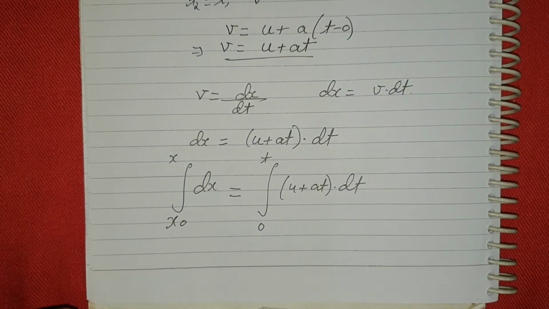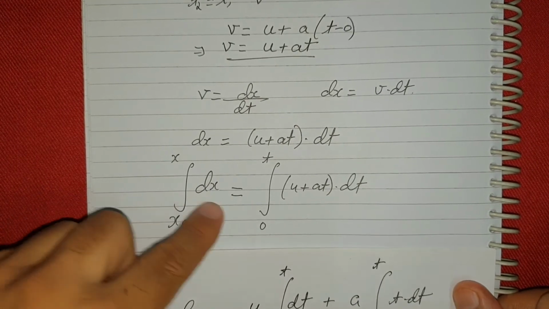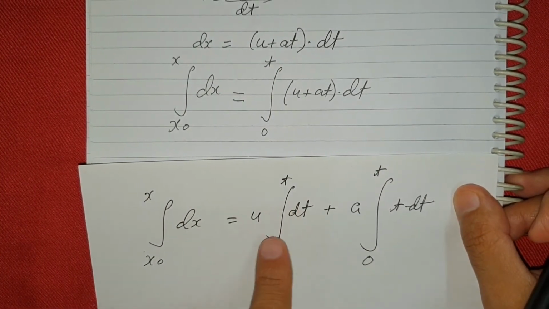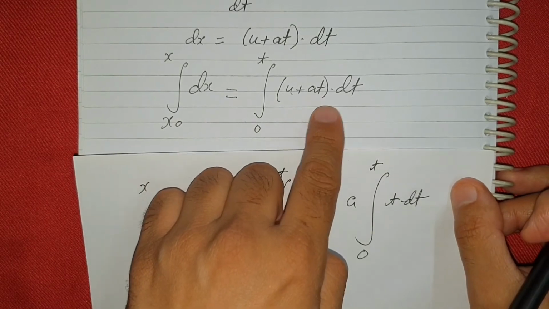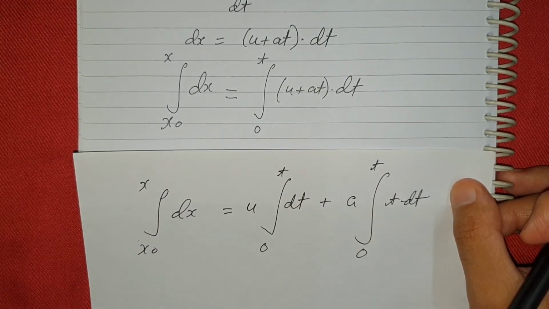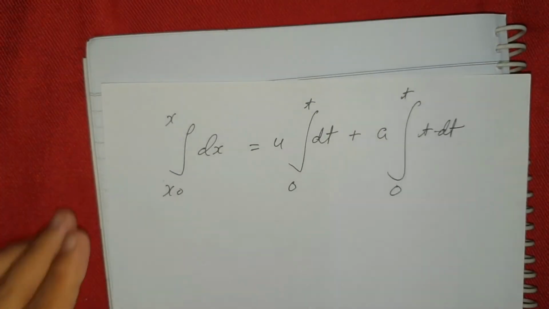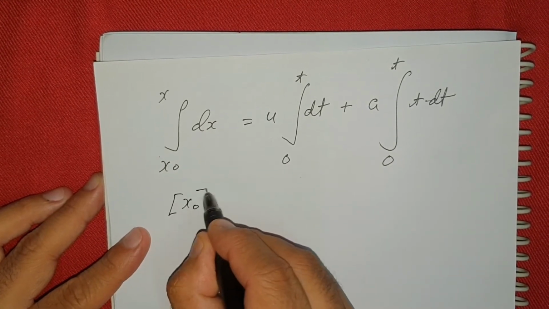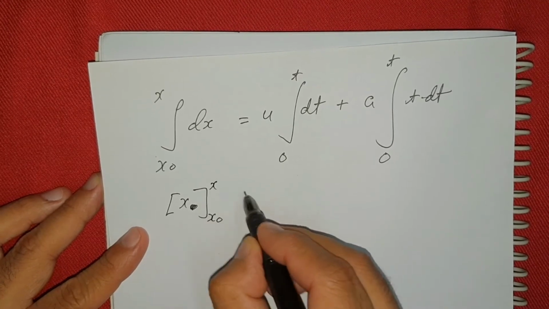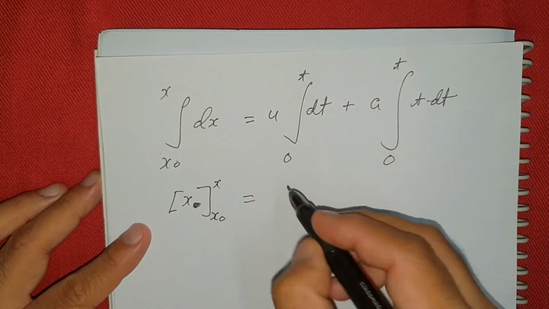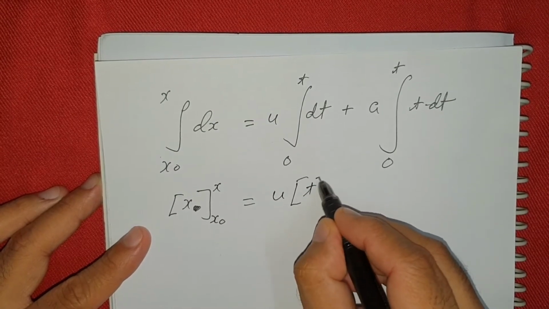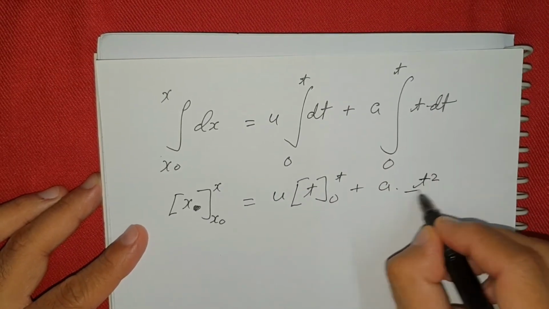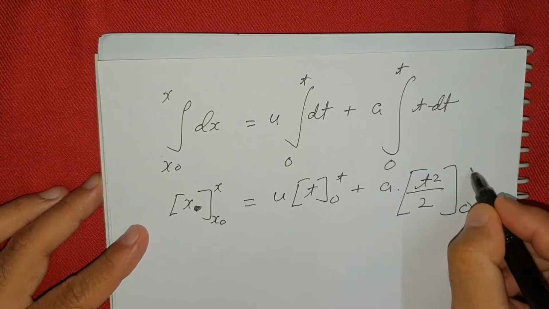Now see, the integral of dx from x0 to x was the left side, and on the right, u dt from 0 to t, and a, which we have taken common, t dt from 0 to t. So now we start the integration. dx integrated becomes x, from x0 to x. The u term becomes t, from 0 to t, plus a, which becomes t square by 2, again from 0 to t.